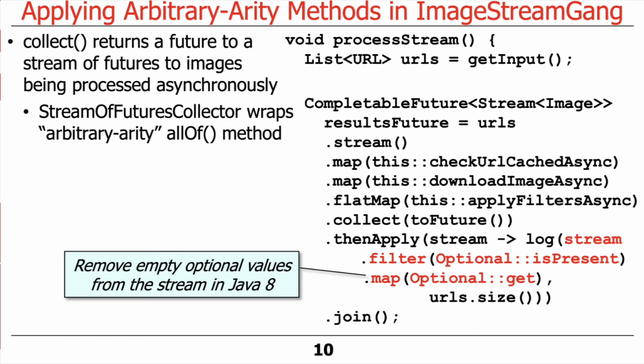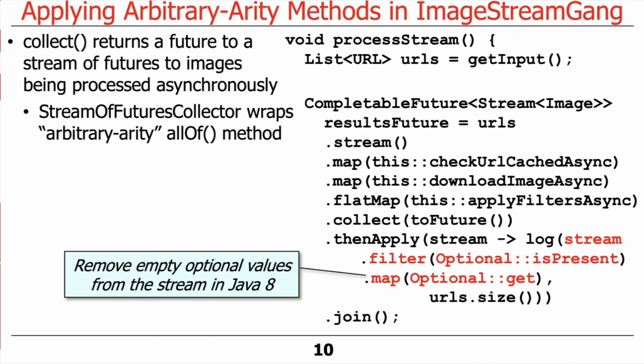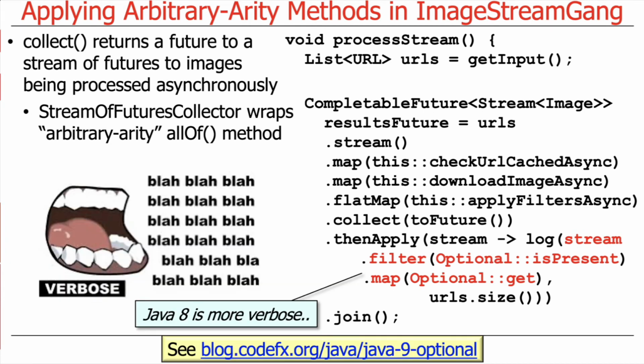And then you use map to get the results of optionals that are present. So I think you'll agree that that's a little bit verbose, and that's why Java 9 added this new flatMap feature on stream that takes an optional stream, which gets rid of empty optionals. So you don't have to write code like this, which is more verbose.